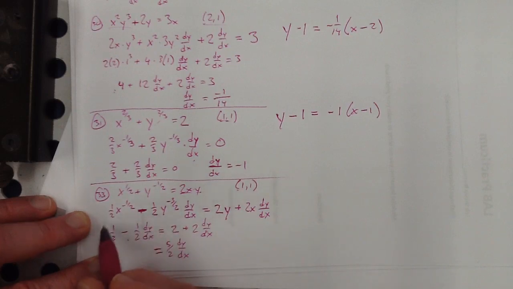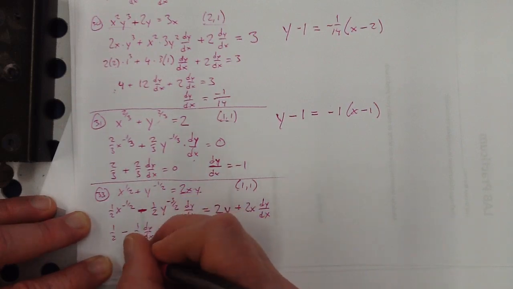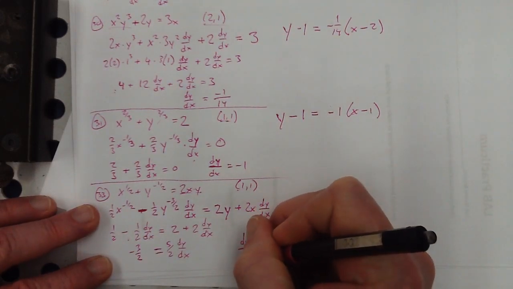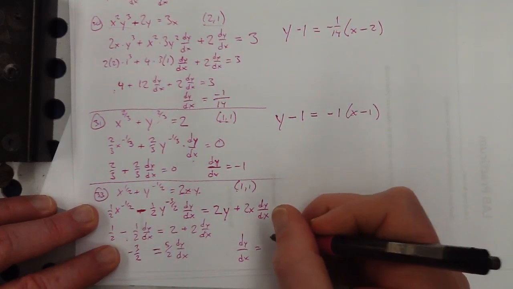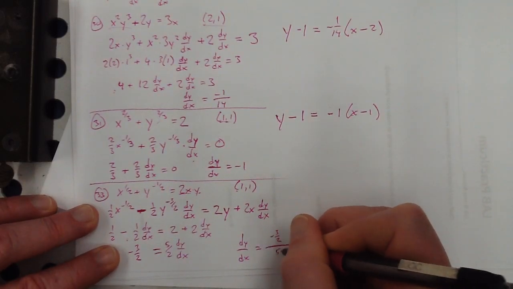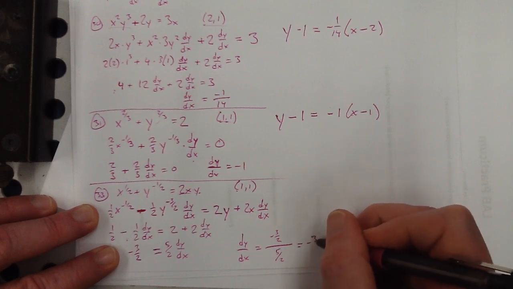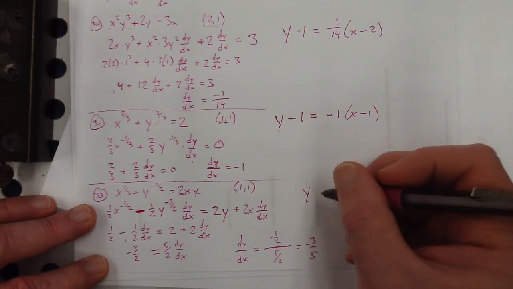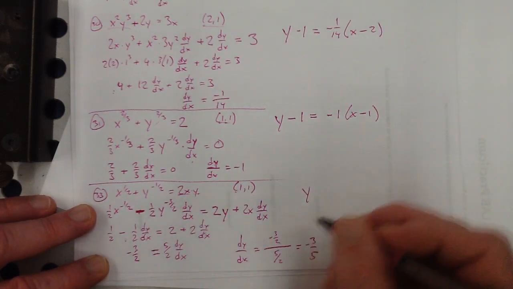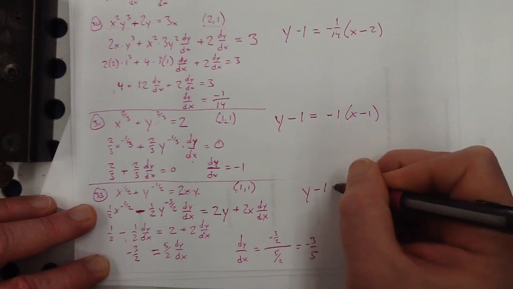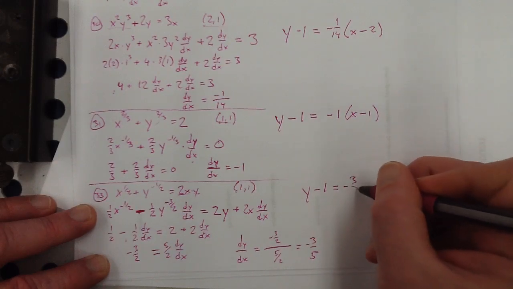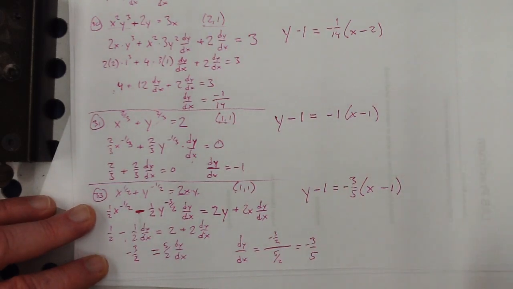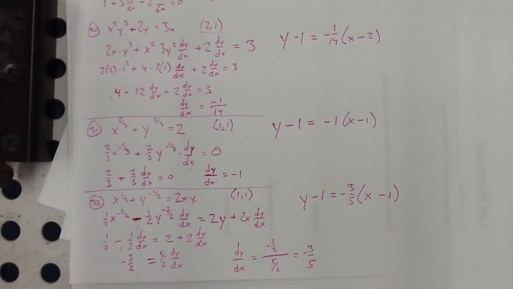And then if I subtract this 2 over to here, 1/2 minus 2 is negative 3/2. So dy dx is equal to negative 3/2 over 5/2, which is negative 3/5. And now I'm ready to write my answer. y minus 1 is equal to negative 3/5 times x minus 1. And that is it.